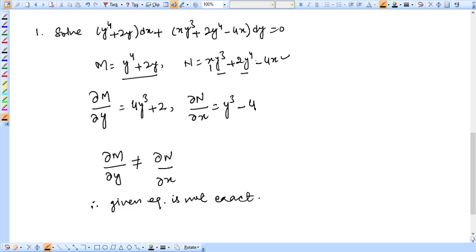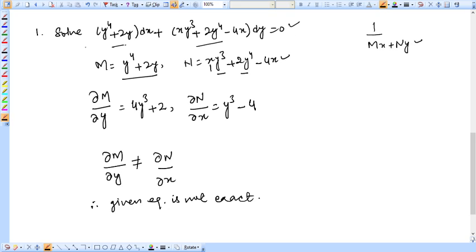So see, let us try to see rule by rule which rule it would be obeying. Which is the best alternative to find the integrating factor of this equation? First rule is if the given differential equation is homogeneous, then 1/(Mx + Ny) is the integrating factor.